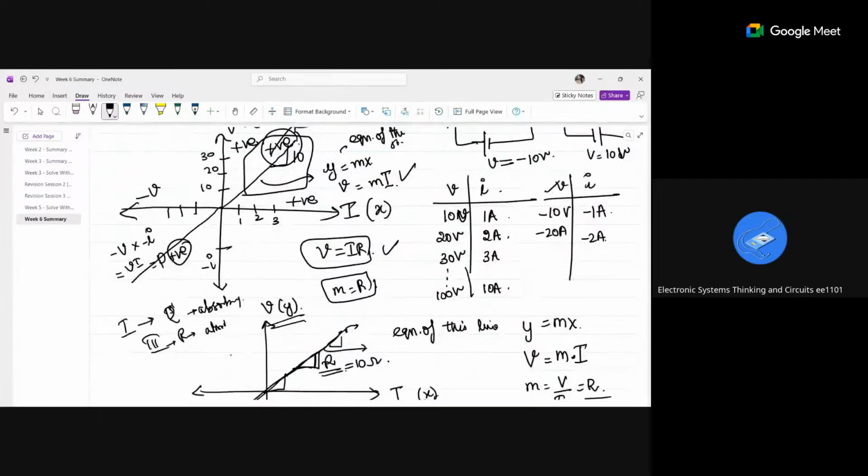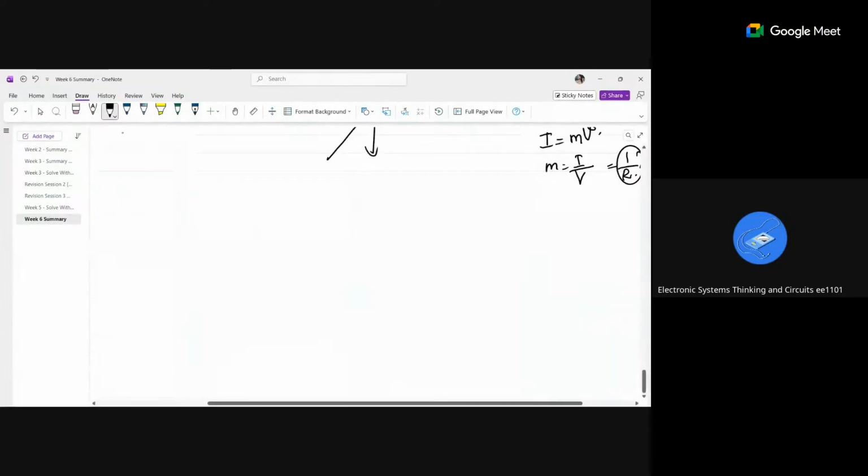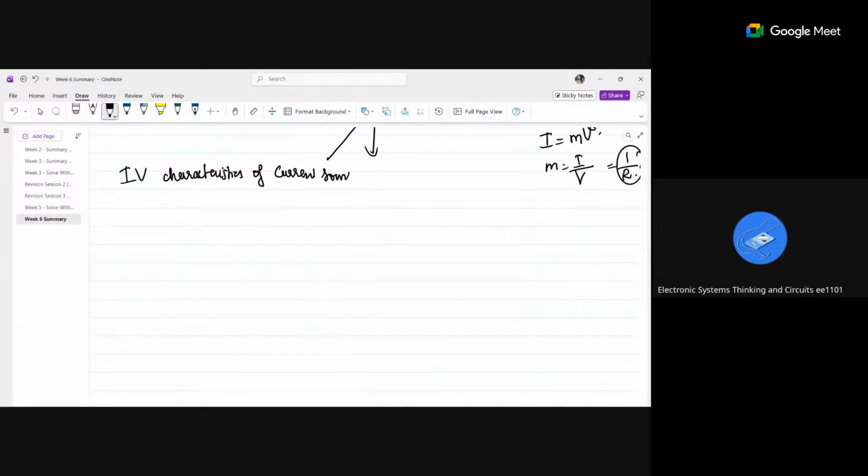That's why, if I draw the IV characteristics of a current source, with I and V axes, how will the IV characteristics be?